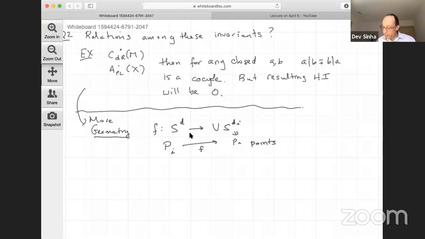Then the claim that I want to prove next is that these Hopf invariants encode the following data.